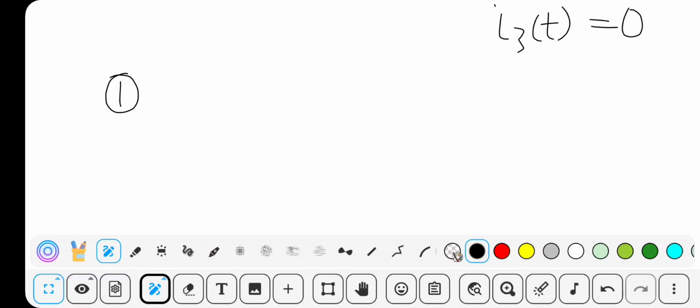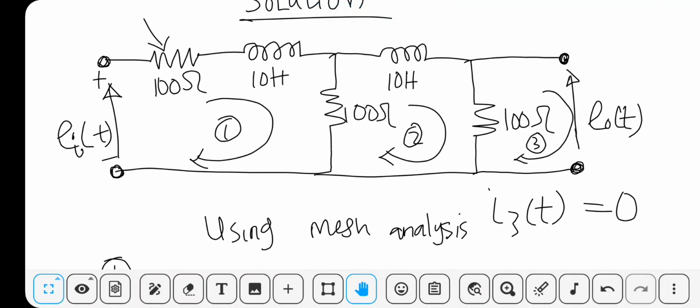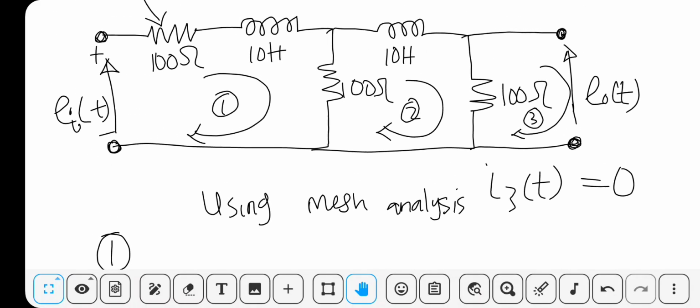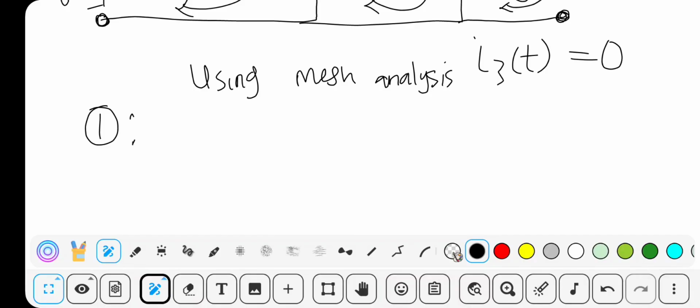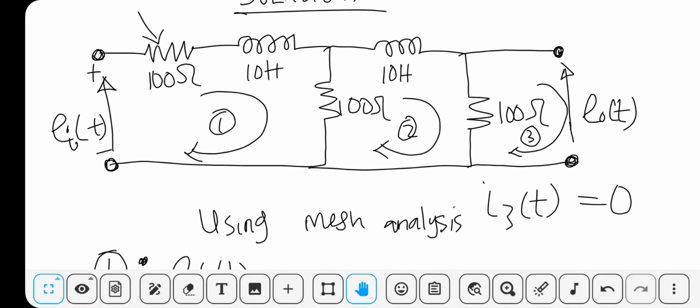For mesh 1, using mesh analysis, moving from negative to positive, you have a positive value of voltage across the terminal. The remaining elements will be minus.